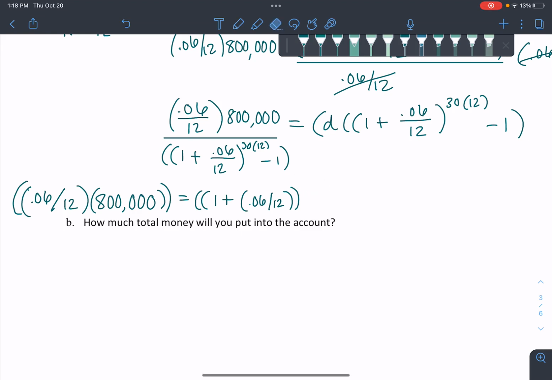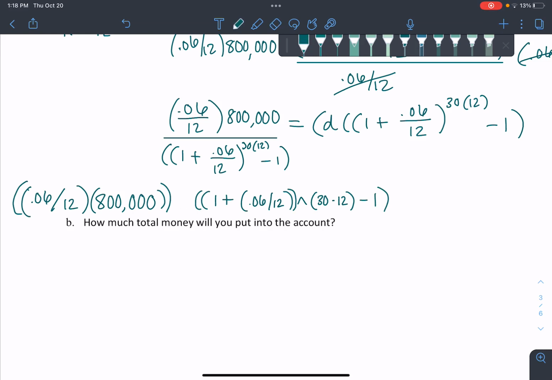We need to make sure, hang on a second, so that needs to go right here. Up arrow. So after you type the 0.06 over 12, then you need to close the parenthesis for the whole thing and then put it up 30 times 12 and then minus 1 close parentheses. Okay. All right, and then I don't know why I put that, but that should have been a slash.